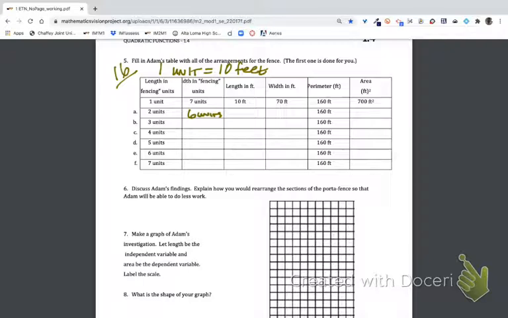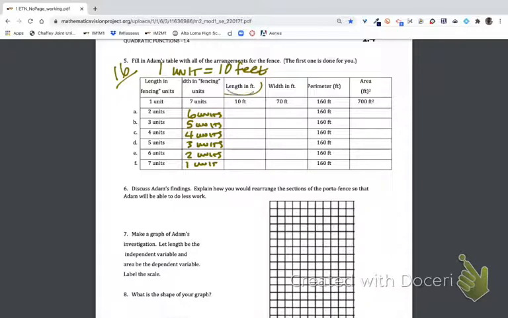One is 3, so the other has to be 5. One is 4, the other has to be 4. If you notice, it's creating a pattern, which makes things a little bit easier to see.